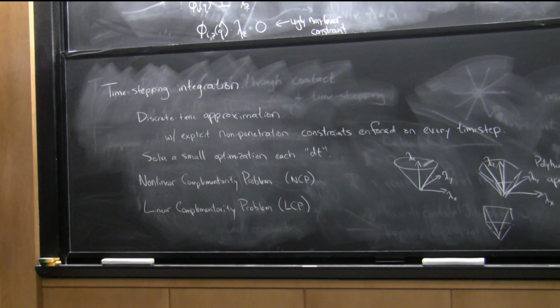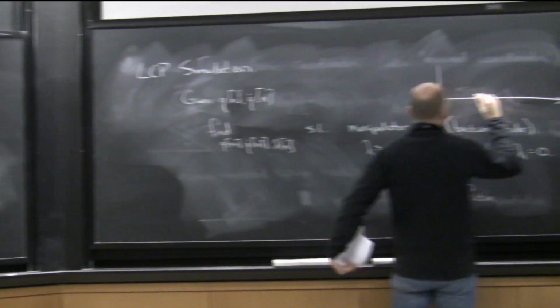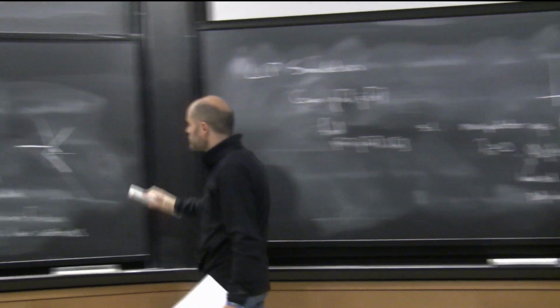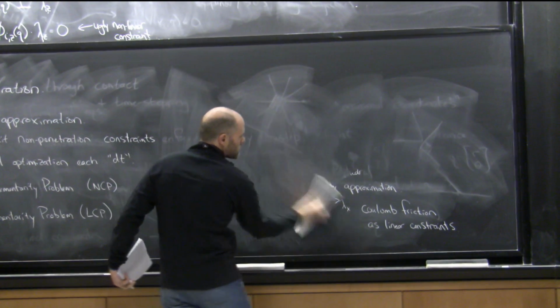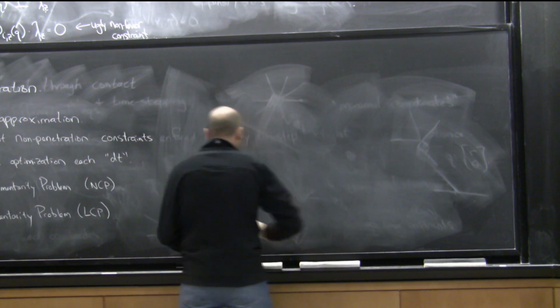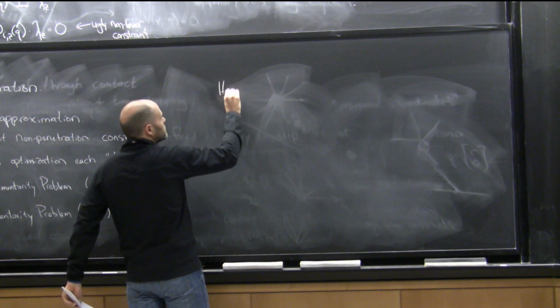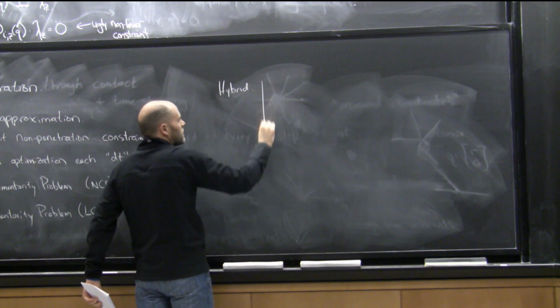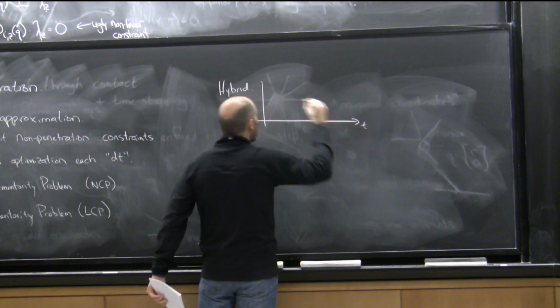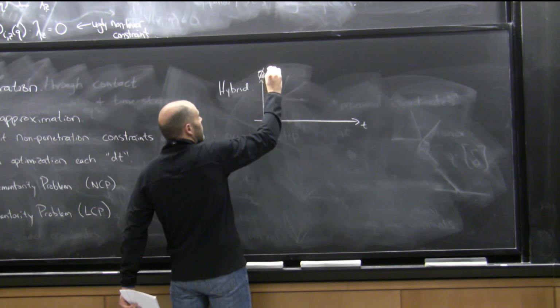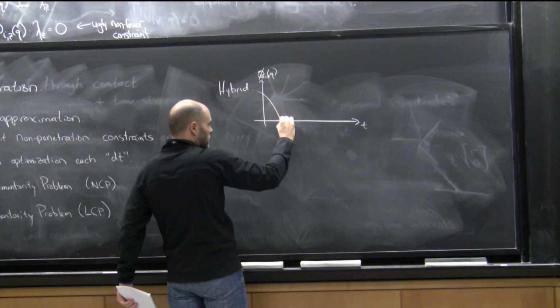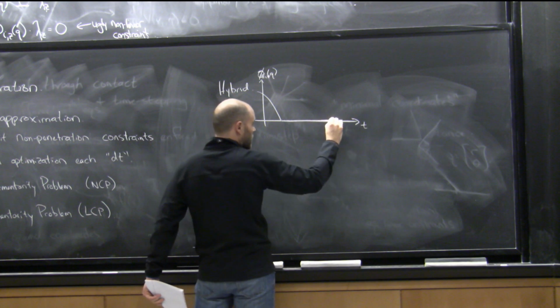So the picture, if you were to plot the forces over time, let me give myself more space. So for the hybrid case, if you were to plot over time, let's say Z with Q, let's say I went down here and made a contact and then came off the ground here.